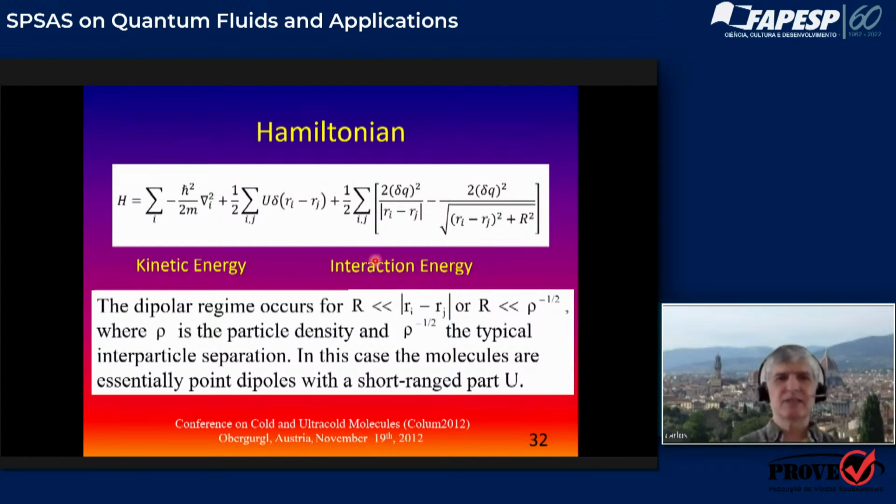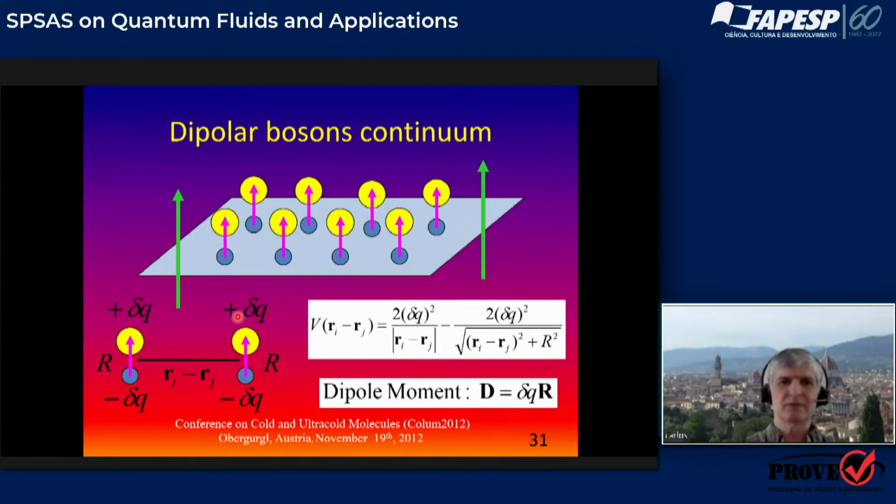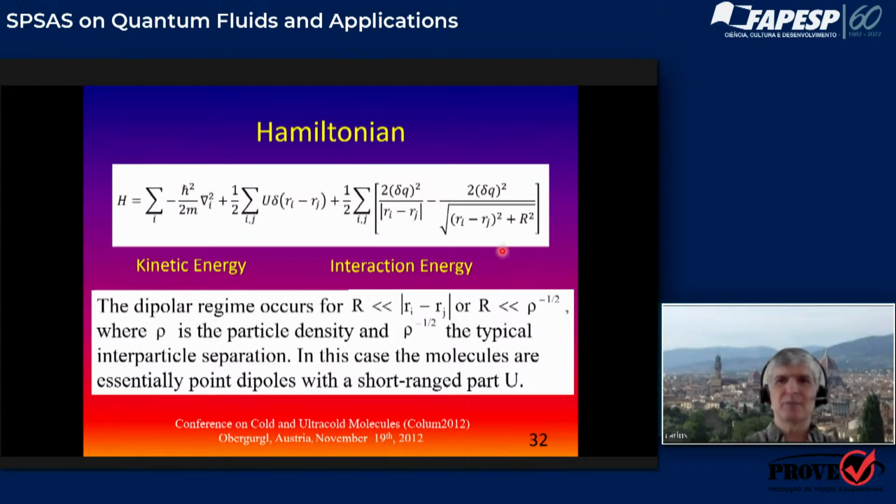If you do that, the dipolar regime for this type of Coulomb-like interaction occurs when the size of the molecule, R, that I define here, is much smaller than the interparticle spacing. When that's the case, we can expand, and you get the purely repulsive dipole-dipole interactions. The Hamiltonian that we're going to look at is a continuum Hamiltonian, or in a box trap.